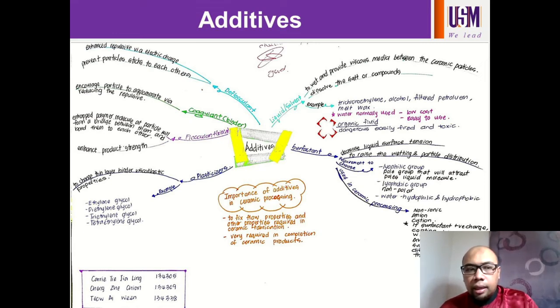Also, this one is quite hazardous to humans, so I think it is not widely used in ceramics processing. And for surfactants, normally they have ionic and cationic types, depending on the function or end product needed for the ceramics processing.